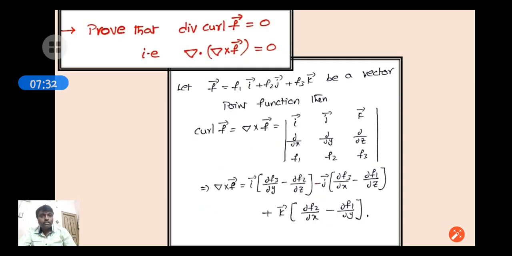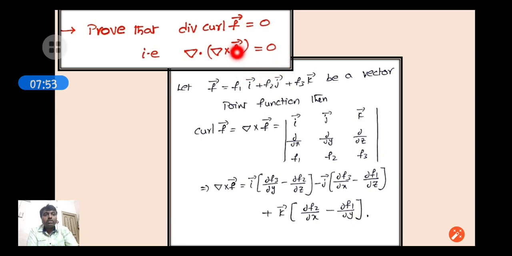Okay. Now I go through one more identity. Prove that divergence of curl f bar is equal to 0. That is nothing but del dot del cross f bar equal to 0.